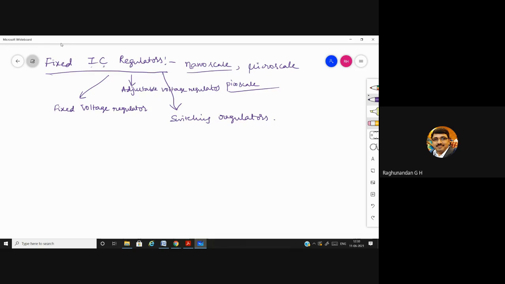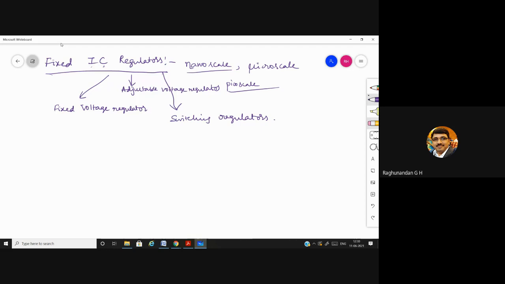Mainly IC regulators have more importance because of the reduction in size, and they can be produced in mass, because ICs are produced in mass production, and you know that ICs are very cheap.